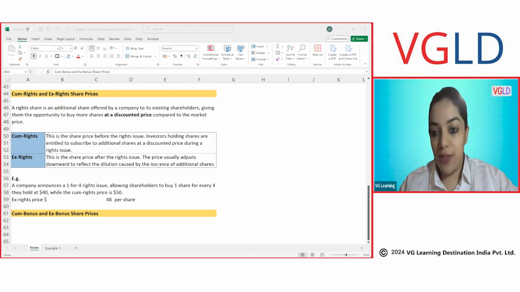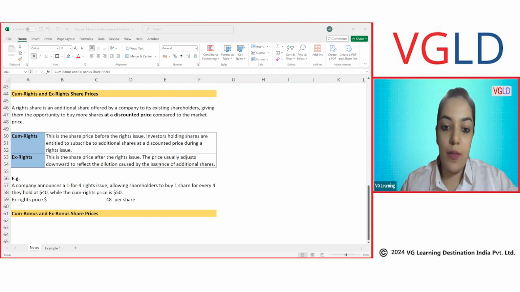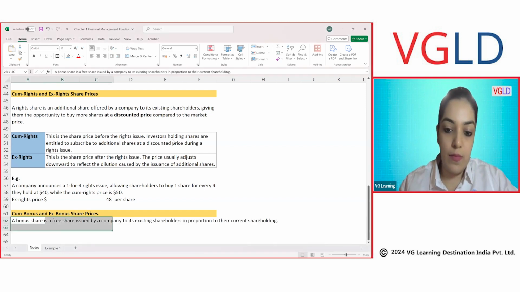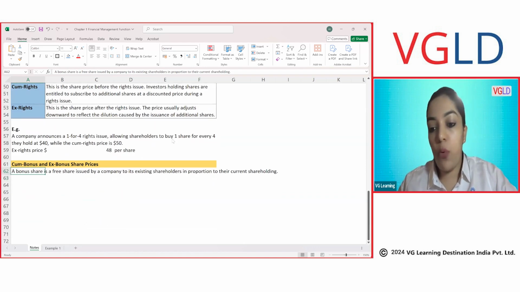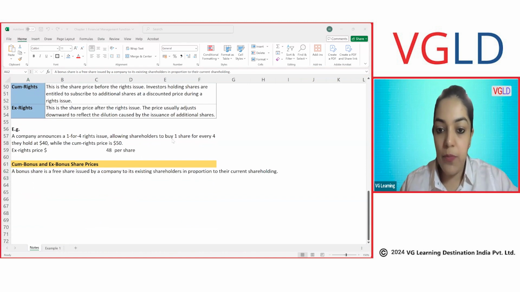Absolutely right. This is a free share. So these are the free shares. A bonus share is a free share issued by a company to its existing shareholders in proportion to their current shareholding.